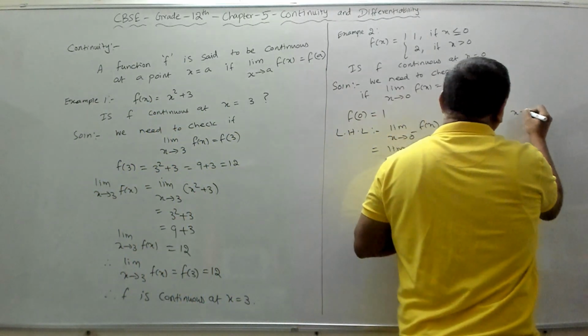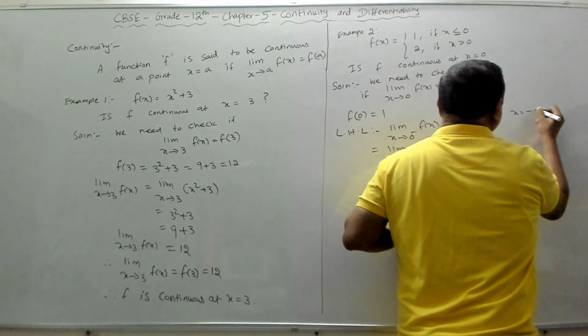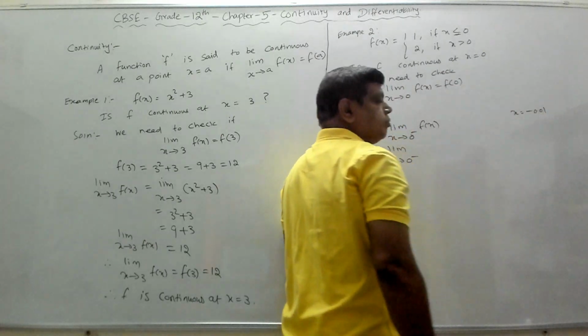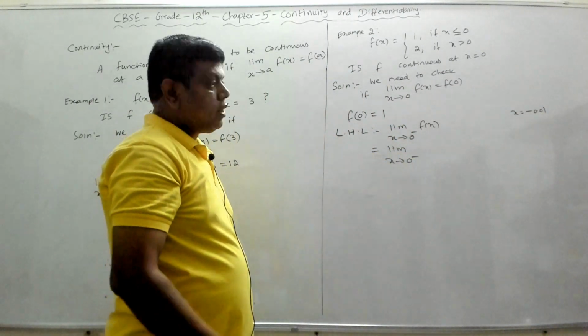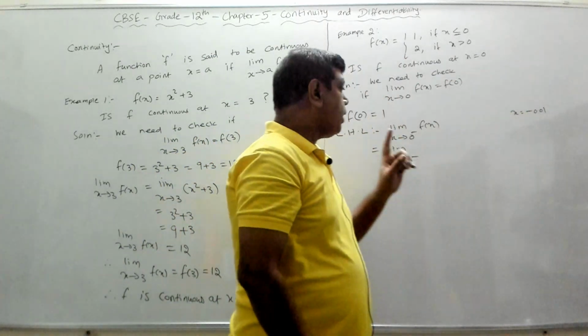So what is a value that is very close to 0 but less than 0? That will be like minus 0.01. There are really many points, and we'll take one of them. So x is minus 0.01.